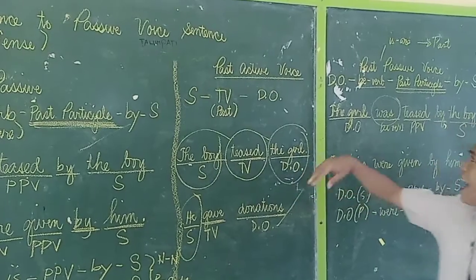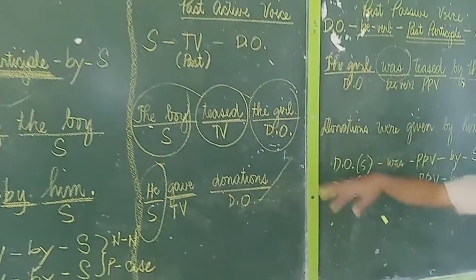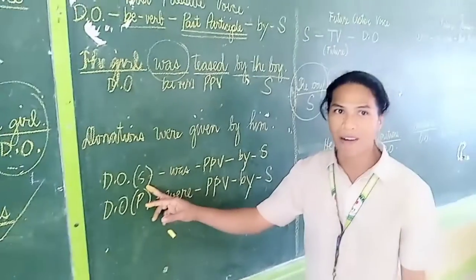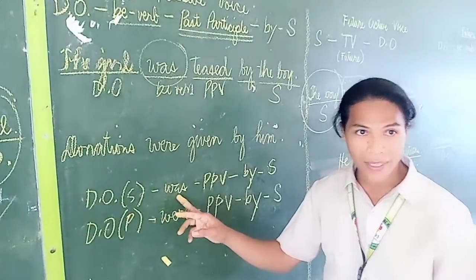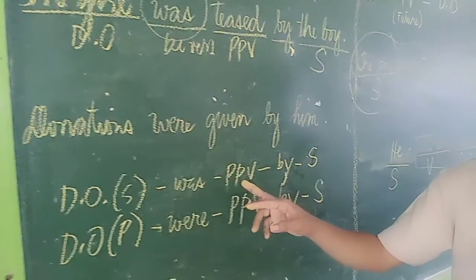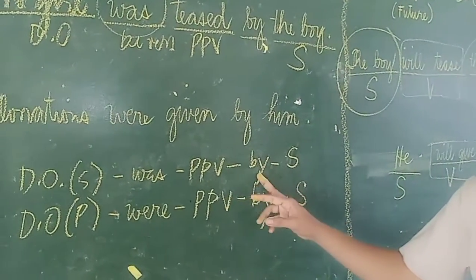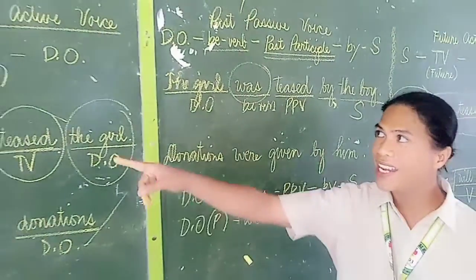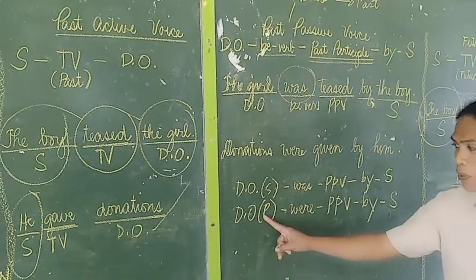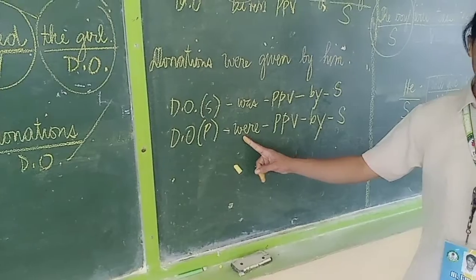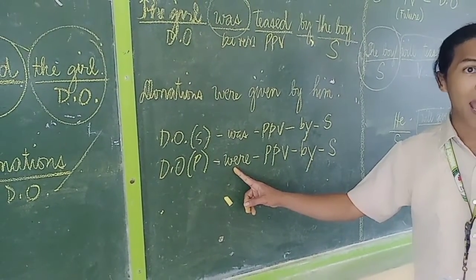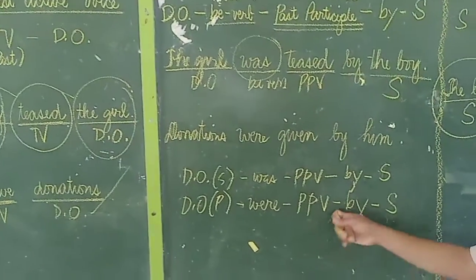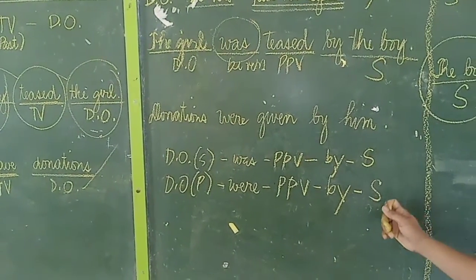So we have here, let's say from past active voice, if your direct object is singular, it should be was, your giver, then past participle of the verb, and then by, then subject. If your direct object in the past active voice is plural, so therefore the be verb to be used in the past passive should be were. Then past participle of the verb, and then by, then followed by subject.